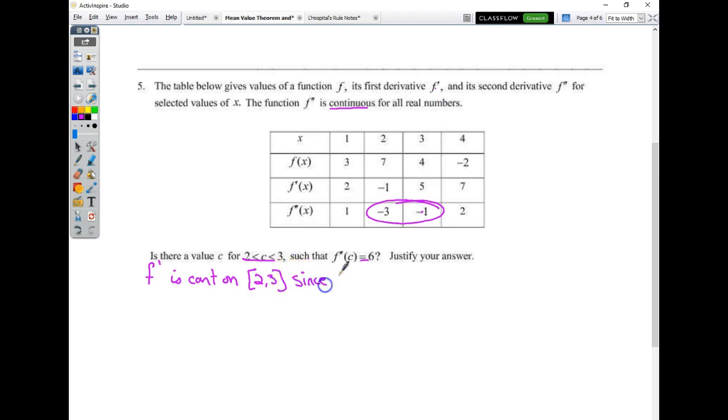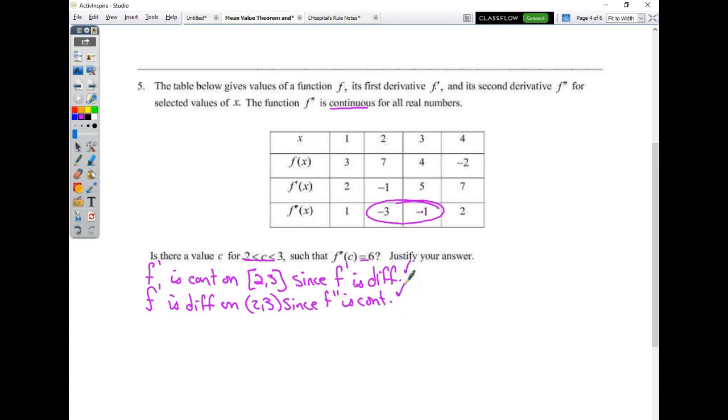So: f prime is differentiable on 2 to 3 since f double prime is continuous. It's kind of like reading this backwards. We get this cool relationship that if f double prime is continuous, then if I go backwards a step to f prime, it becomes differentiable. So I can actually use this backwards compatibility concept.